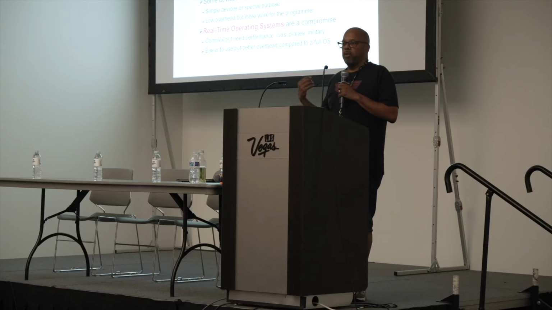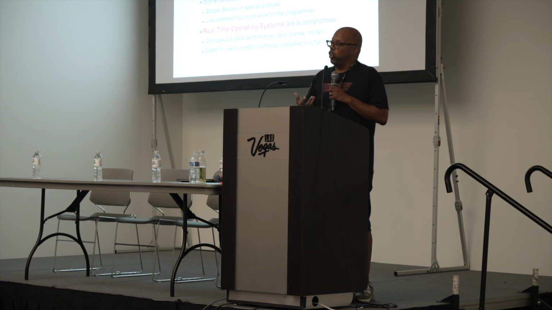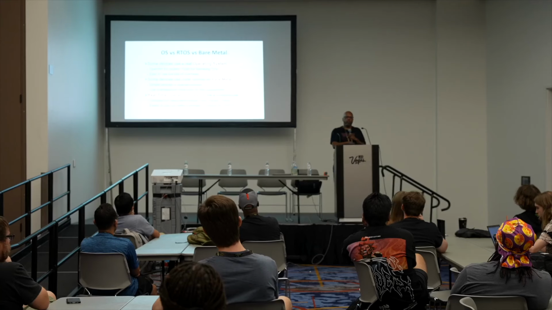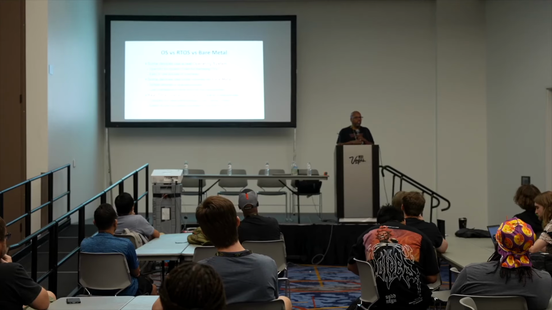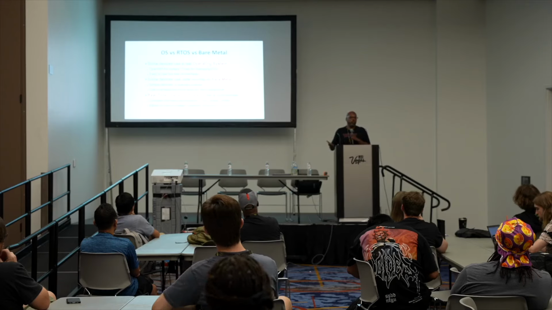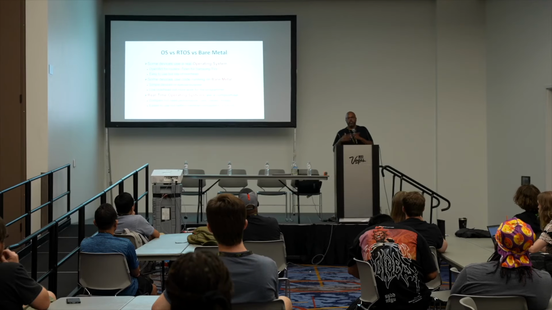Bare metal is the other way: you don't have any operating system of any kind, you just write your code, and you do everything yourself, okay? You control everything in detail. If you have a full-on operating system, you have drivers, you have all kinds of stuff that make programming easier, right? But if you're doing bare metal, then you don't. You have to really understand all the details of how to control the peripherals.